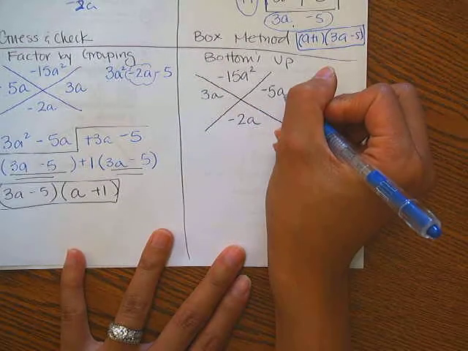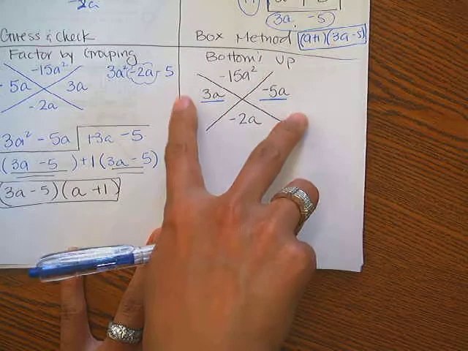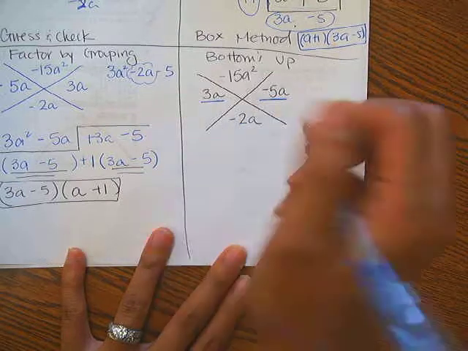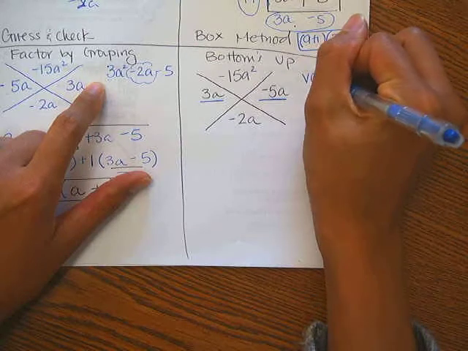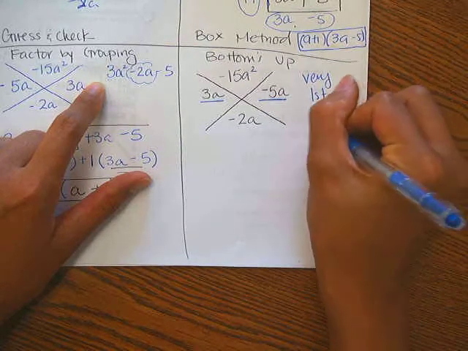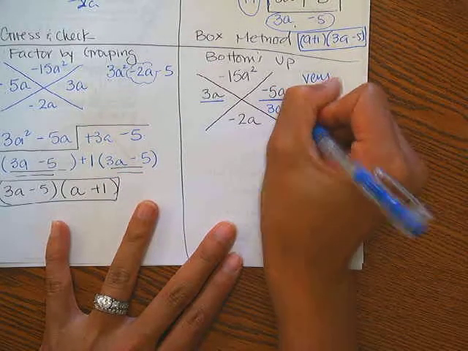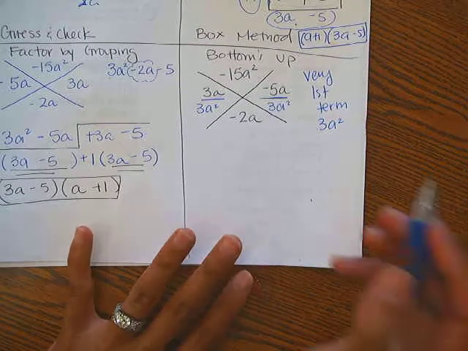We don't need anything else. We're just going to use this x. Well, the trick is I'm going to have to divide the terms you found by the very first term, which is 3a squared. So divide that by 3a squared. And in math, you have to reduce.